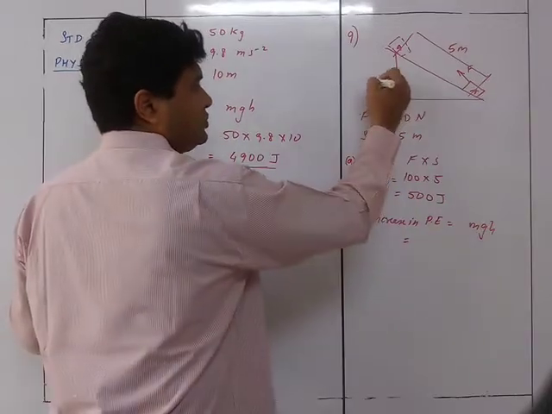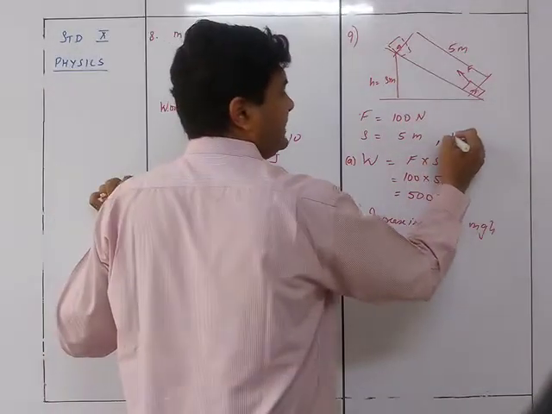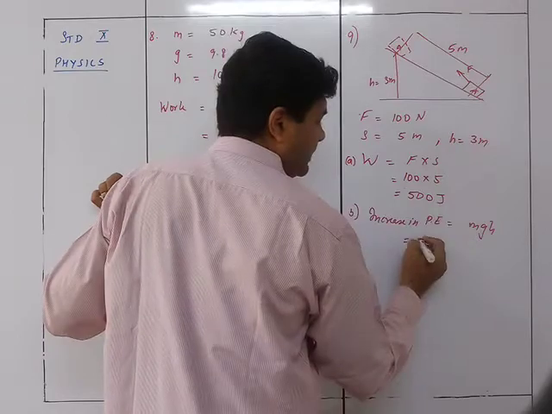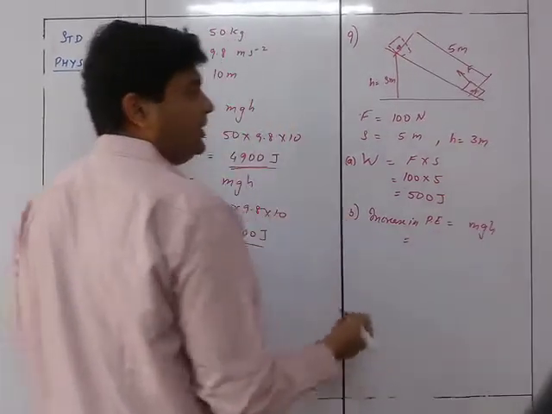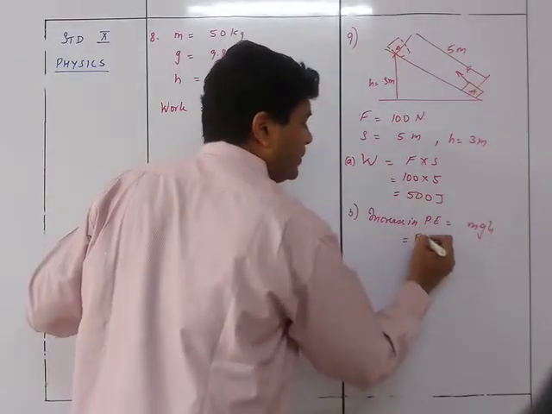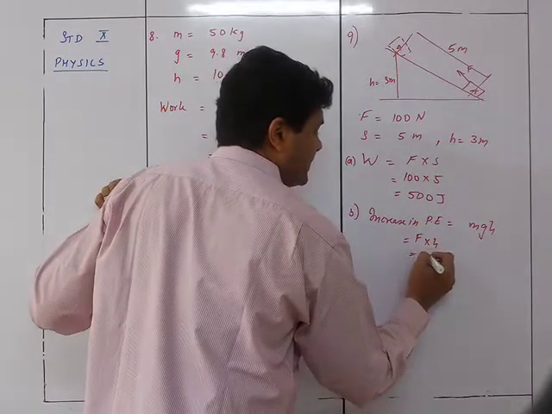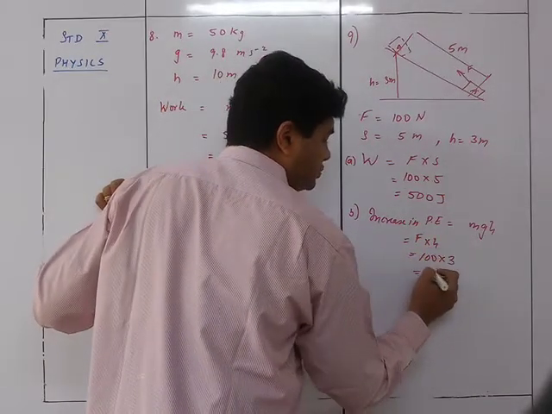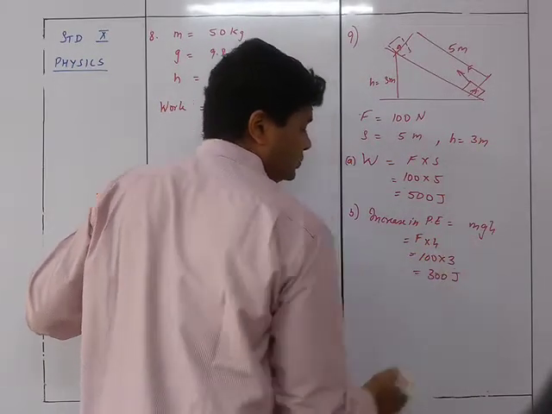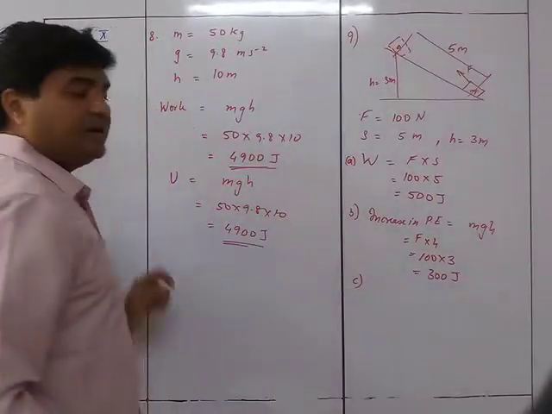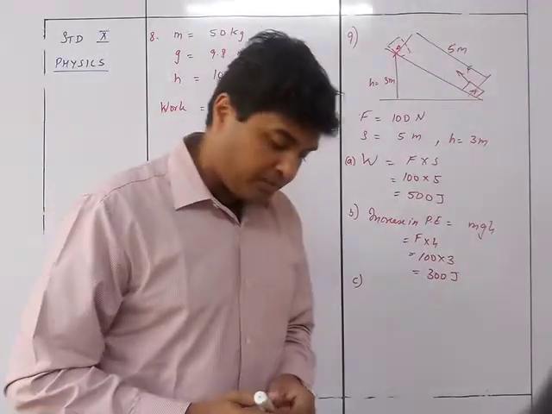So this is the h we have taken over here. Now m into g is already given, so it will be F into h. So that is nothing but 100 into 3, which is equal to 300 joule. So 300 joule will be the increase in the potential energy of the body.